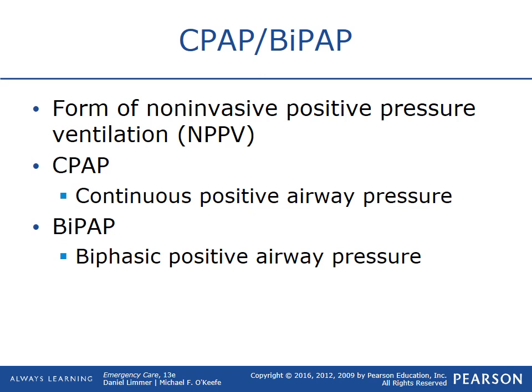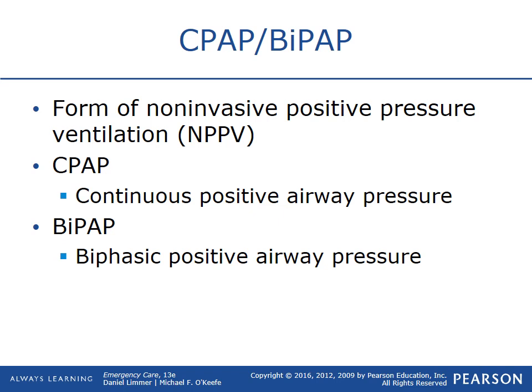CPAP and BiPAP form a non-invasive positive pressure ventilation. This keeps those airways open with just a little bit of extra air pressure put in there. CPAP is called continuous positive airway pressure, and BiPAP is biphasic positive airway pressure.